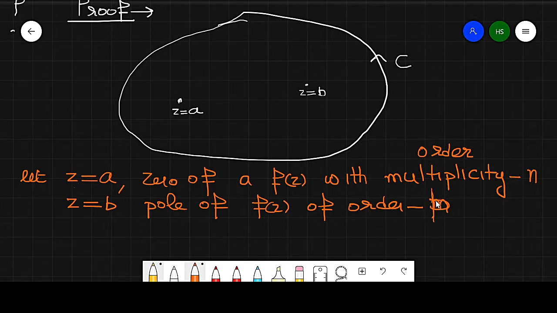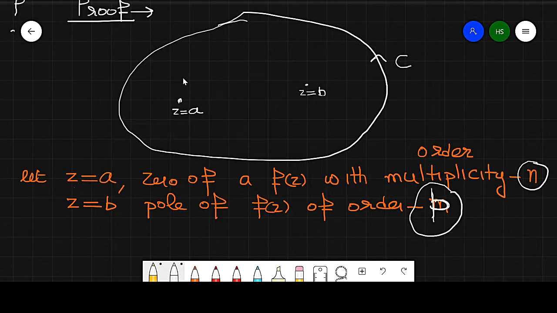Suppose it is a pole of order p. Now here I take one zero with multiplicity of order n and one pole with multiplicity of order p. So remember, first of all I take only one of each.